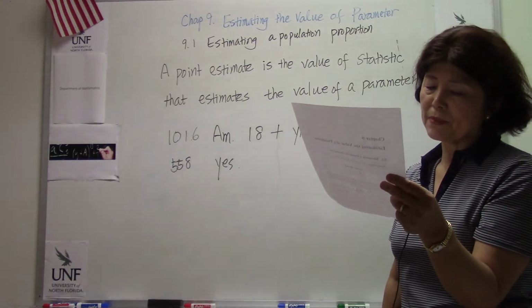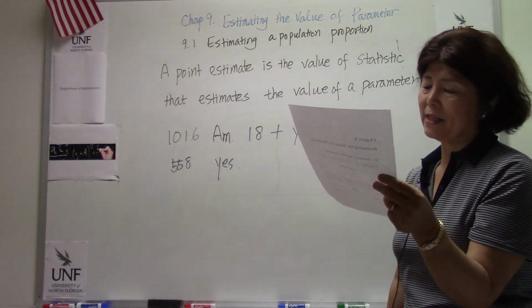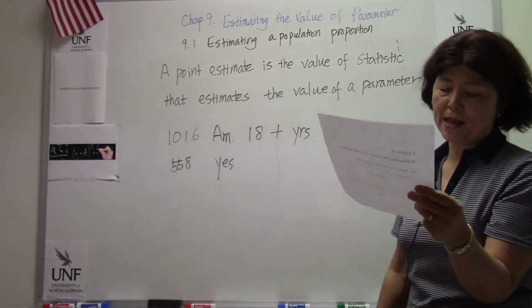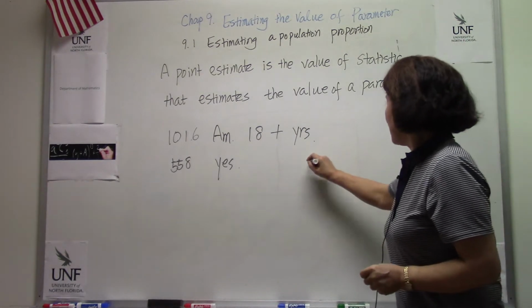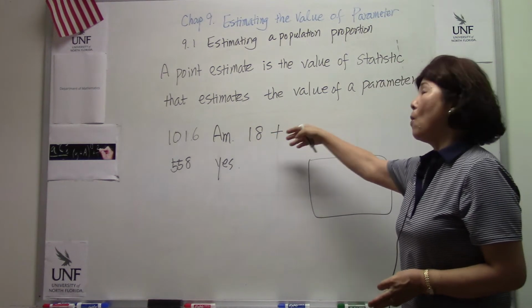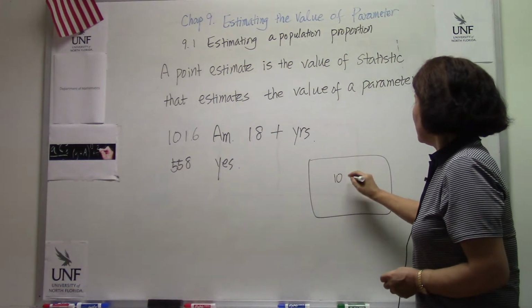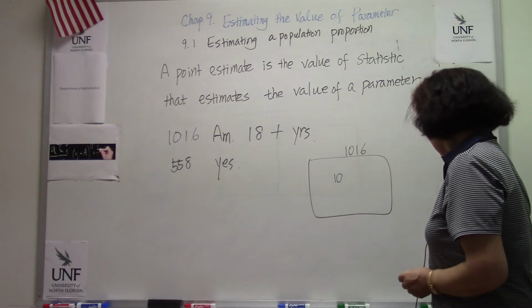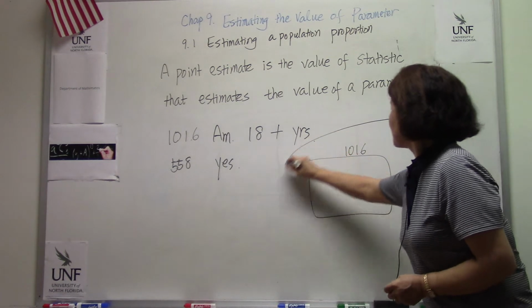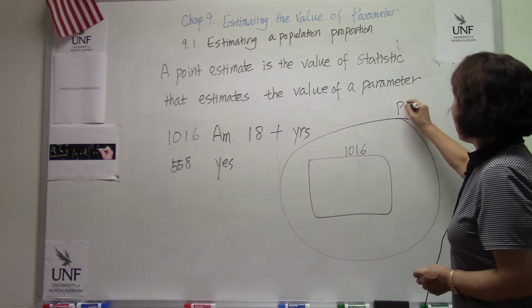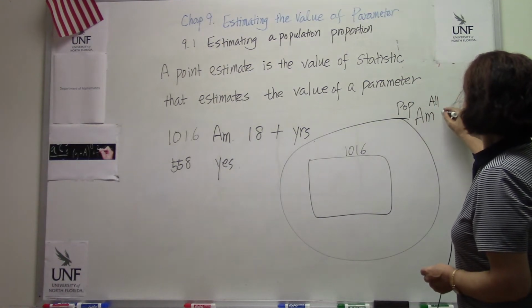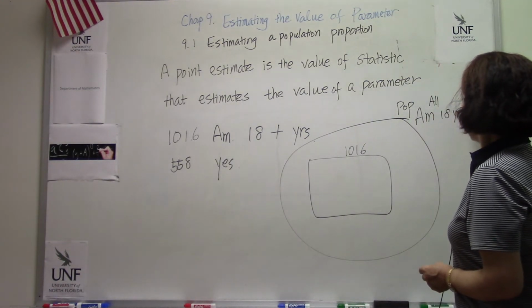Obtain a point estimate for the proportion of Americans 18 and older who believe the amount of federal income tax they pay is fair. Think about it. Americans 18 years or older, they only picked slightly over 1,000 people. The population is huge, all Americans 18 years or older.